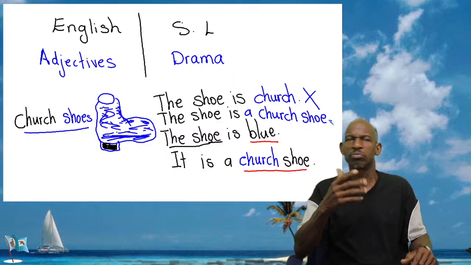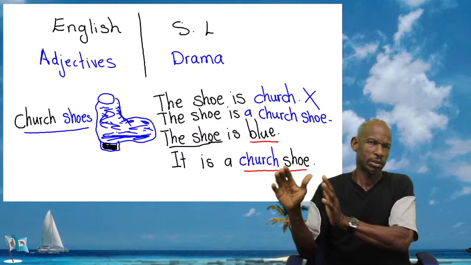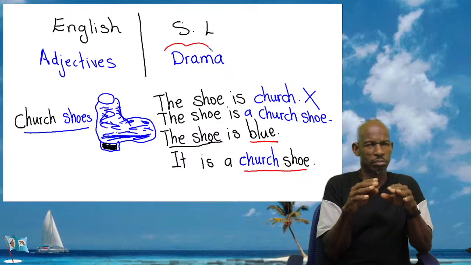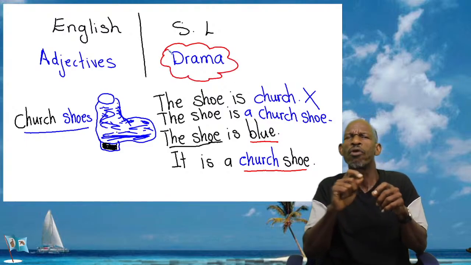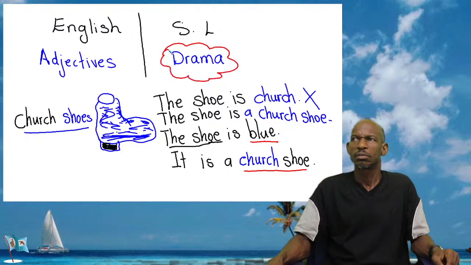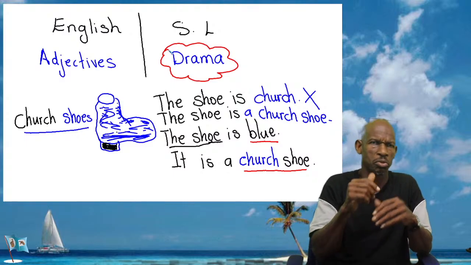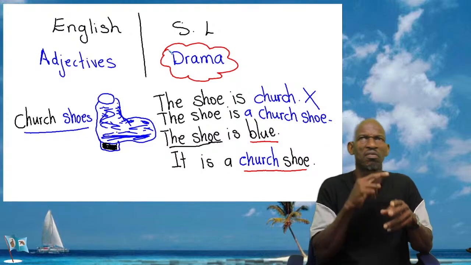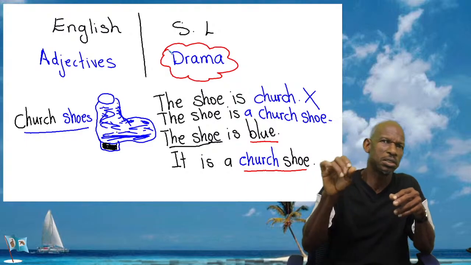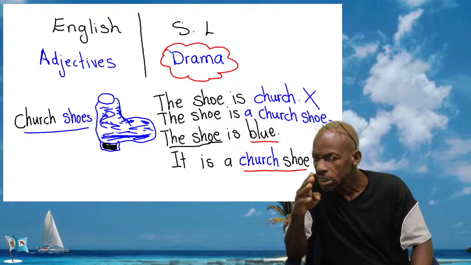In sign language, we dramatize what we do in terms of understanding. We use drama, and in using drama you will use nouns, verbs, all the words that we normally use in English, but in a different way. You will create your own picture by drama.